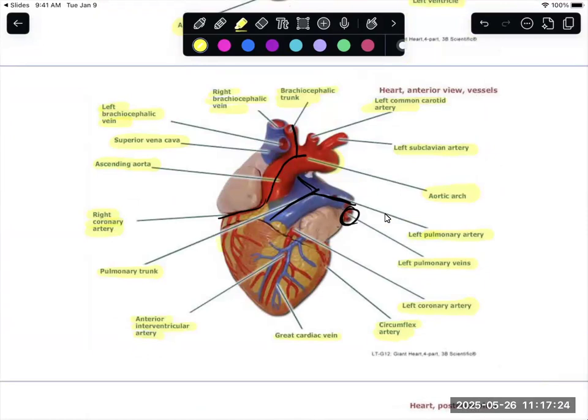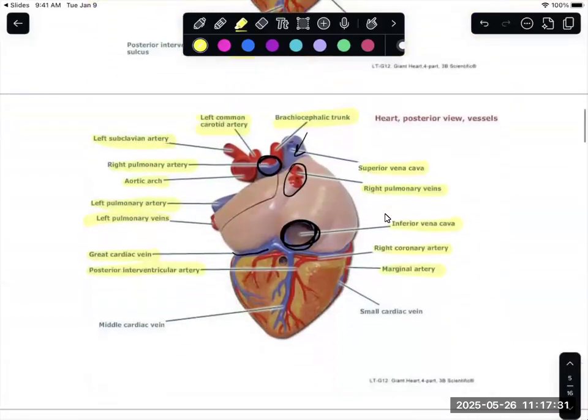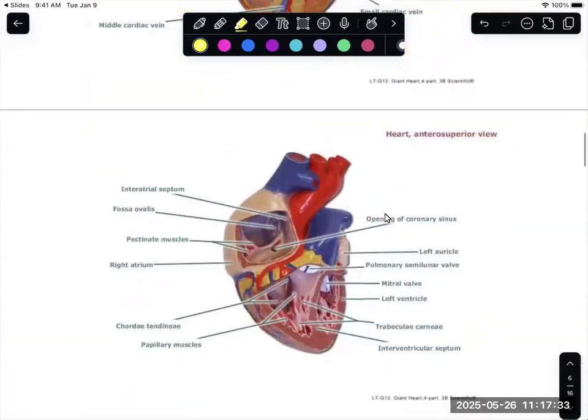The whole outside of the heart is surrounded by this visceral pericardium. The middle layer, this muscular layer right here, is the myocardium. Myo means muscle, cardium for heart. And then the very inner layer of the heart is the endocardium.